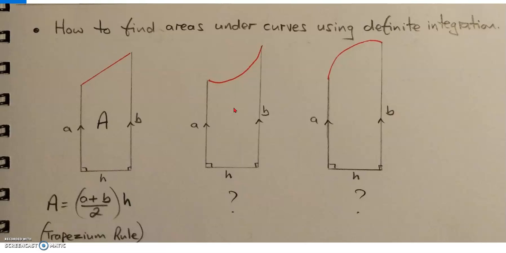But the problem is, how on earth do you find the area of a shape where one side is not a straight line but is bent? It's a curve. This problem plagued mathematicians for centuries.